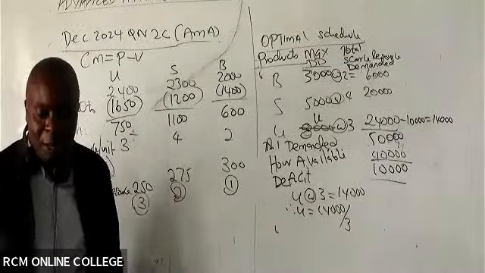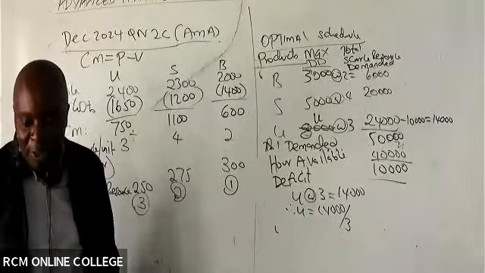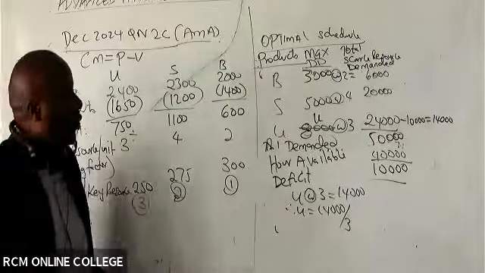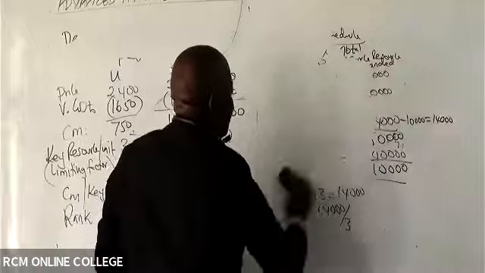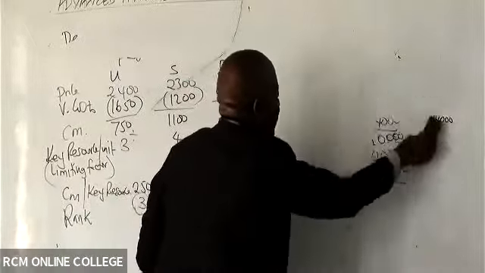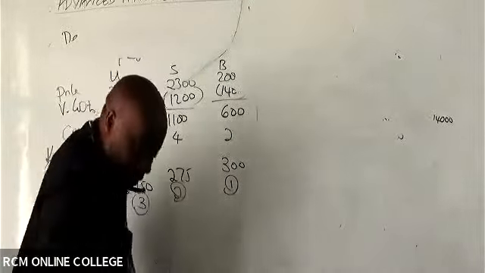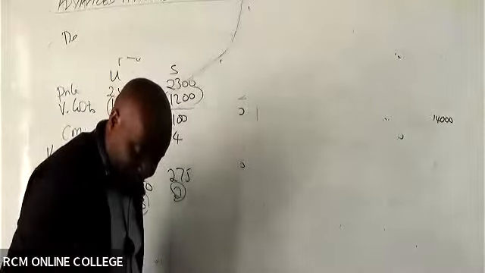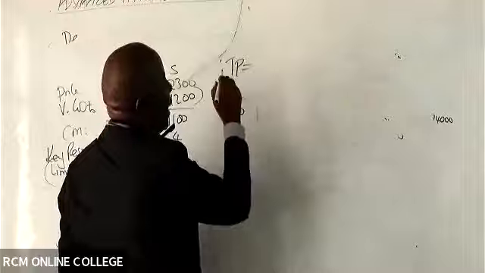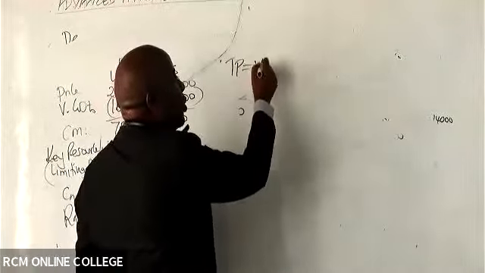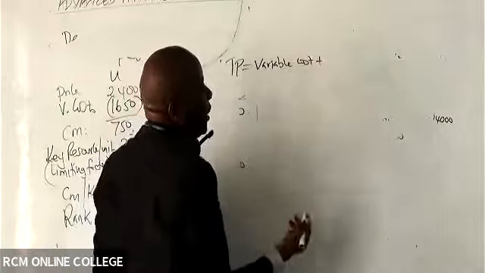He told you, note number 5, motherboard division transfers the special order at a marginal cost plus opportunity cost. So the transfer price here, they have told us to take marginal cost, which is the same as variable cost, plus opportunity cost.